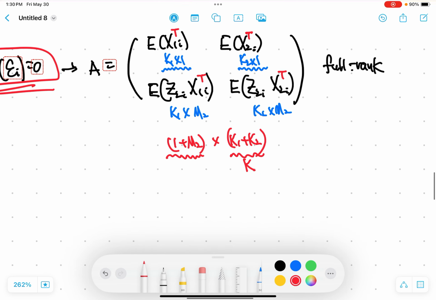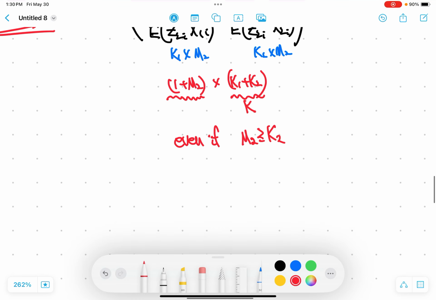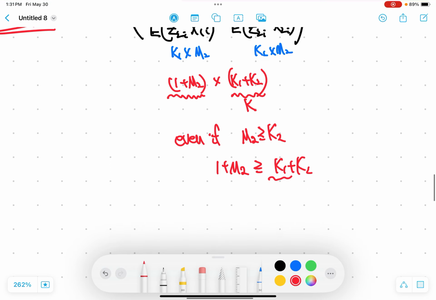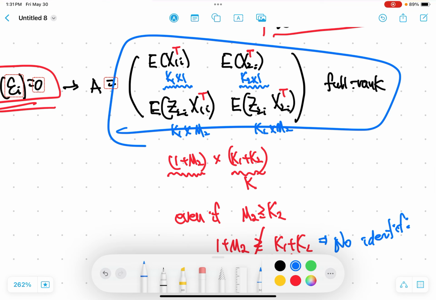Even if m2 is greater than k2, we still cannot be sure that 1 plus m2 is greater than k1 plus k2 if k2 is larger than a certain number, right? So it may be wrong, then no identification. That's why this answer is wrong. This answer cannot identify the parameter, so it is wrong.